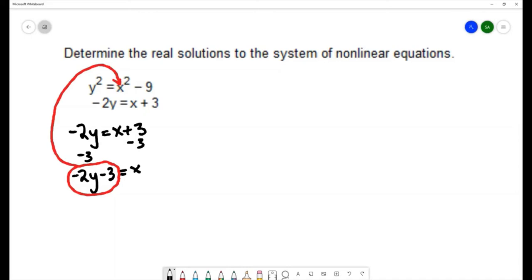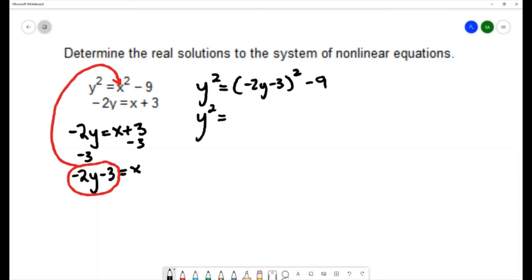And that gives me y squared equals negative 2y minus 3 squared minus 9. And this gives me an equation with only one variable. And I want to simplify. I've got y squared.